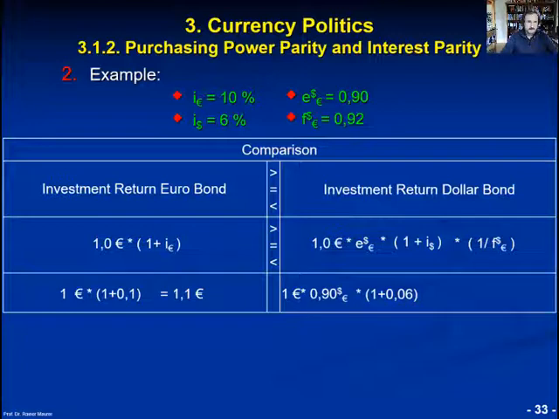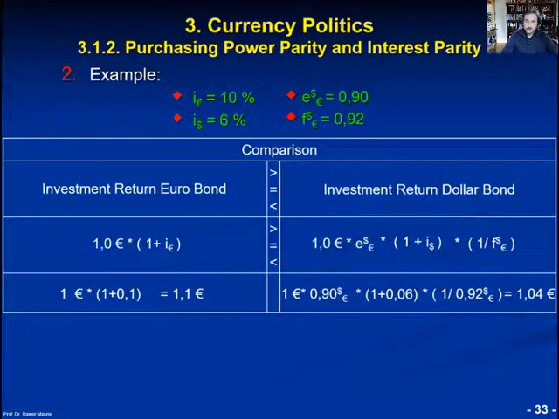And then we have to repatriate the resulting dollar payment into euro with the help of the forward exchange rate of $0.92 per euro. The resulting return in euro is then 1.04 euro.